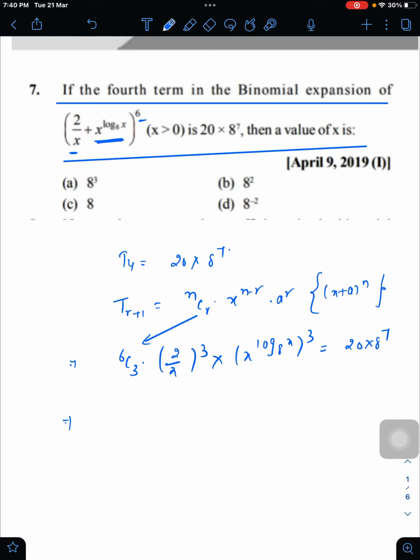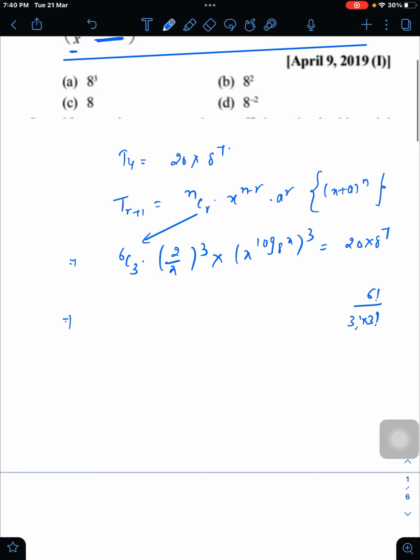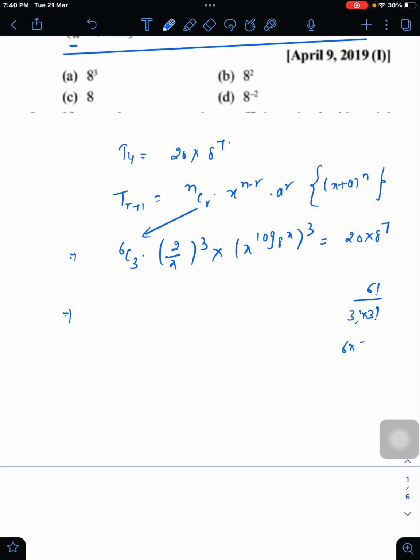If I solve this, look, 6C3 is 6 factorial upon 3 factorial into 3 factorial. So I get 6 into 5 into 4 upon 6, it gets cancelled, and the value I get is 20.